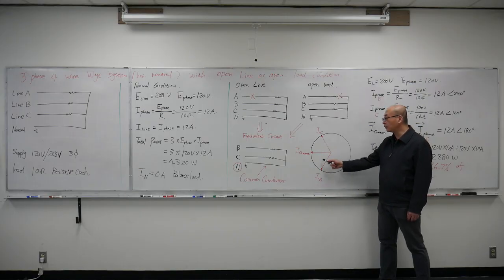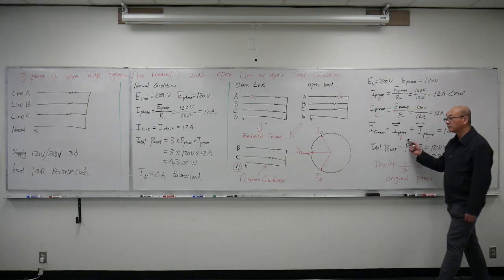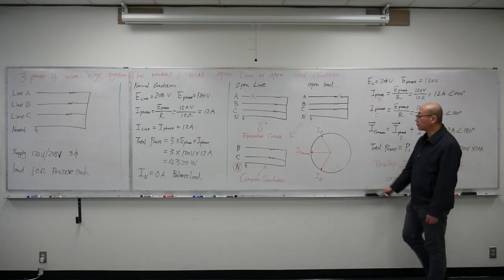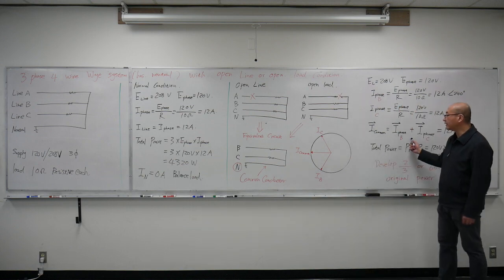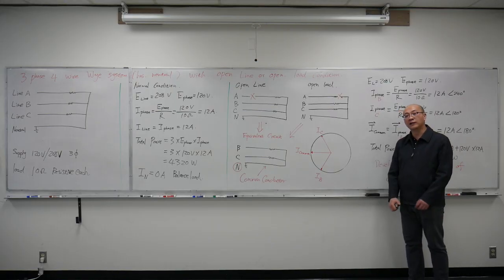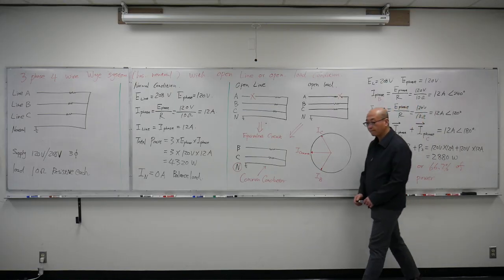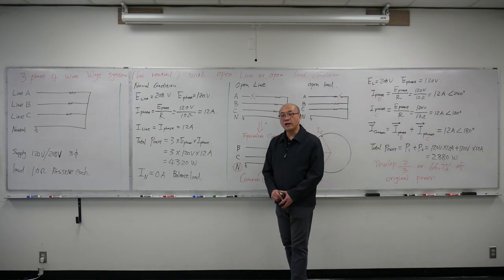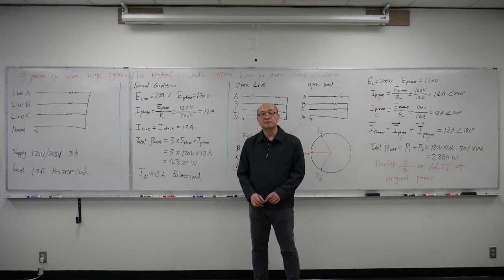So here are our three vectors. You can use two ways: we can do the vector calculation, or we can see on this diagram what's going to happen to the common conductor current. If you have any questions, you can send us an email or chat with us online.